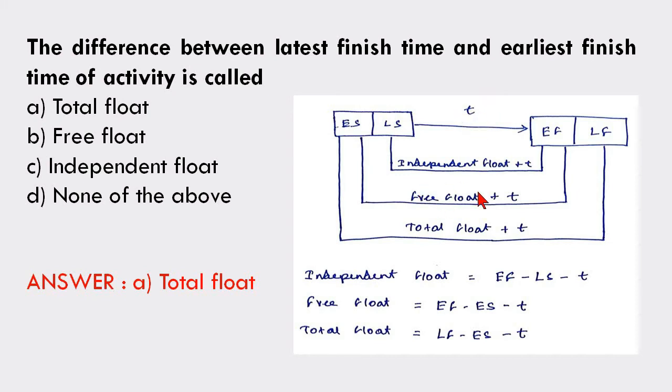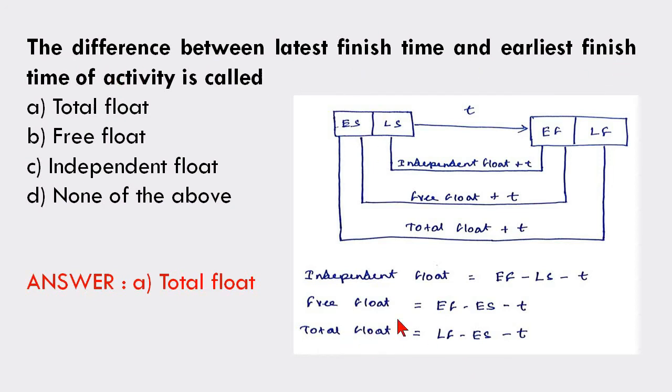Similarly, if you take free float, the difference is earliest finish minus earliest start minus activity time. Similarly, total float is latest finish minus earliest start minus activity time. But in this question, they have given the difference between latest finish time and the earliest finish time.